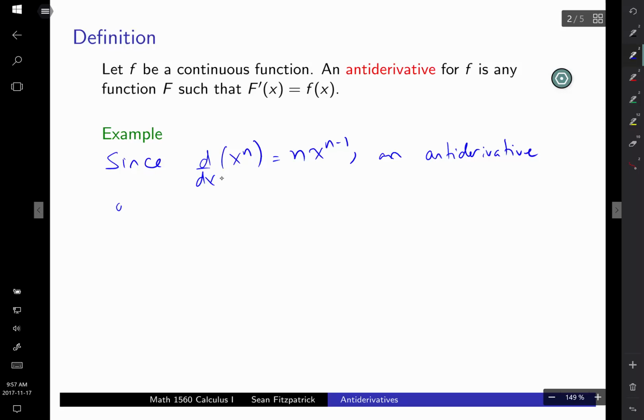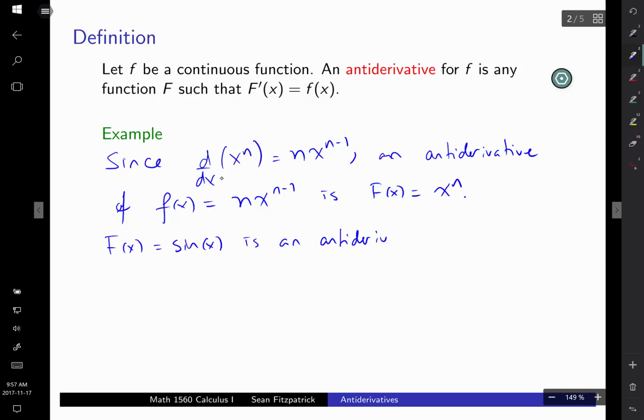An antiderivative of f of x equal to n times x to the n minus 1 is f of x equals x to the n, right? Similarly, f of x equals sine x is an antiderivative of little f equals cos. Okay.